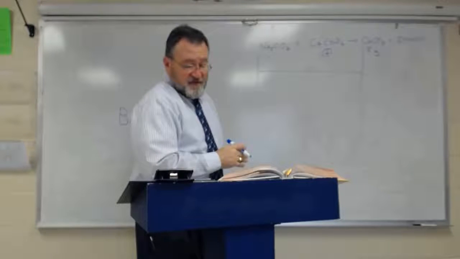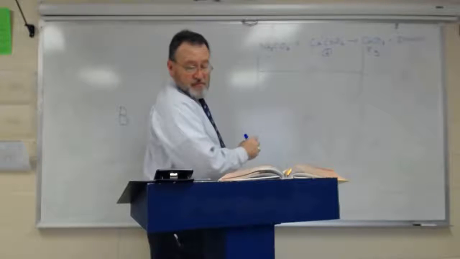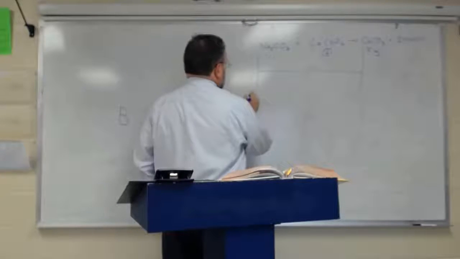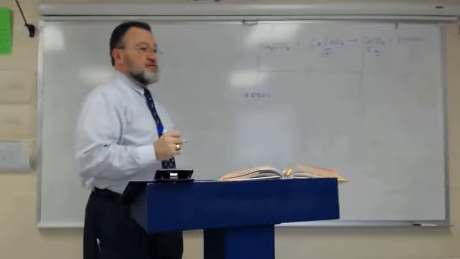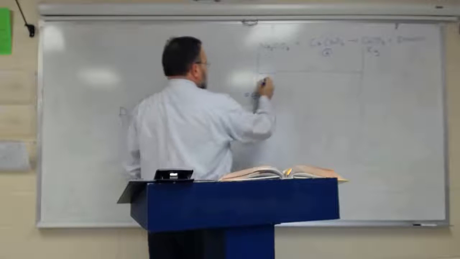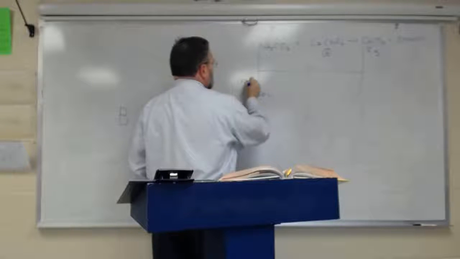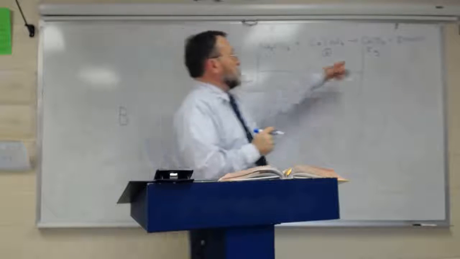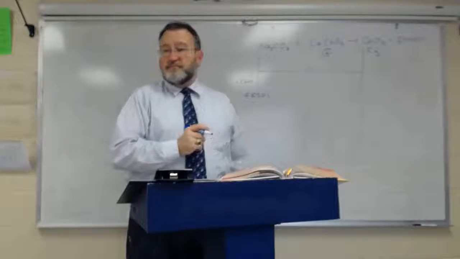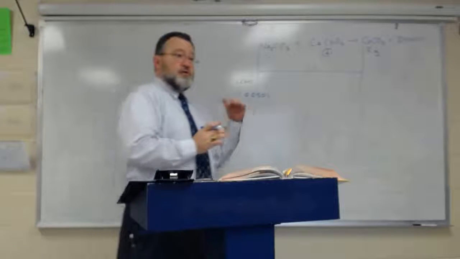I've been given that it's 50 milliliters, or 0.050 liters, of a 1.23 molar solution, and I want to get to grams. I'm going to move from my known to my unknown, right?